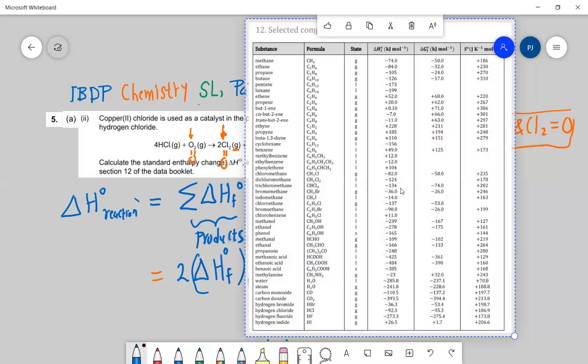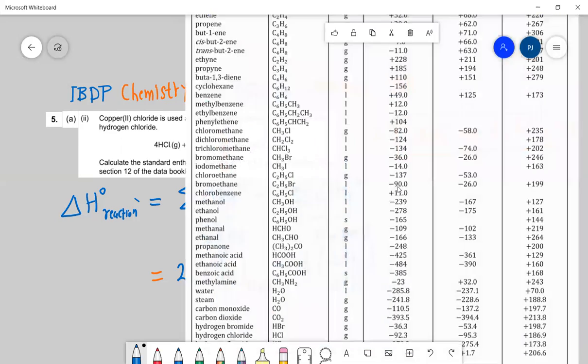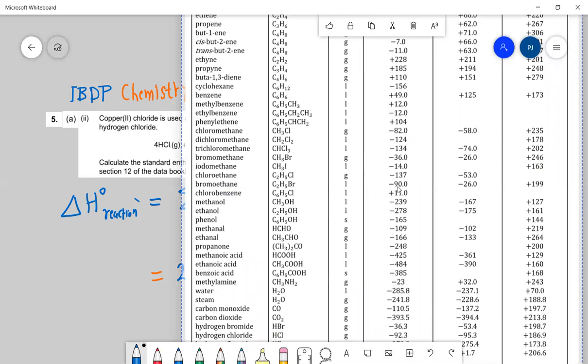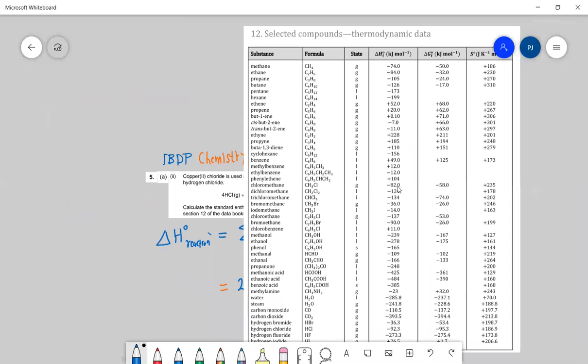Let me zoom in. So you people can easily see that steam, gaseous, minus 241.8. And let's see hydrogen chloride in the gaseous, minus 92.3.